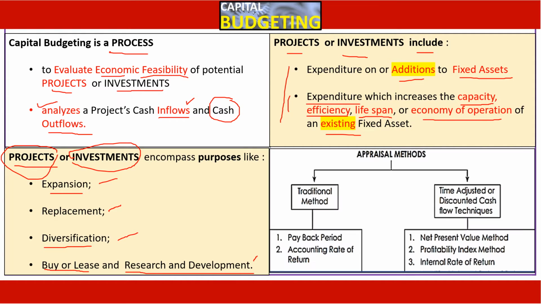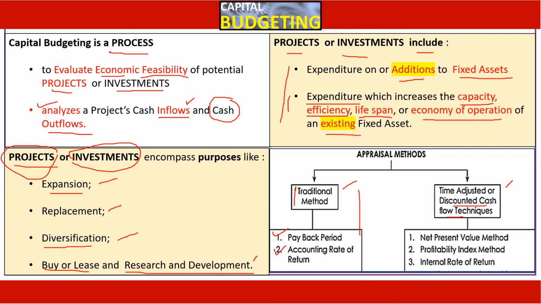And how do we do it? There are two sets of methods. First set talks of traditional method. Second one talks of discounted cash flow techniques. These are the two broad categories. Under traditional method, we have the well-known payback period, and accounting rate of return is another method, both coming under traditional method.